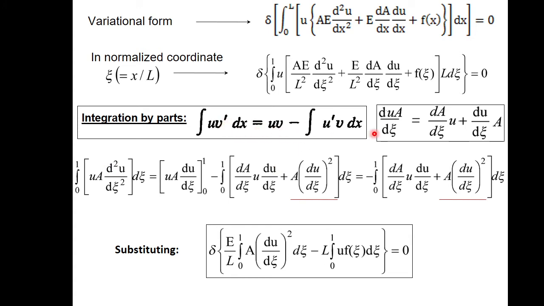This v prime is now becoming v. So this is becoming du by dxi, and this part is u into dA by dxi, right? That is considered here. And this one is u into A, not d by d, d of uA by d.